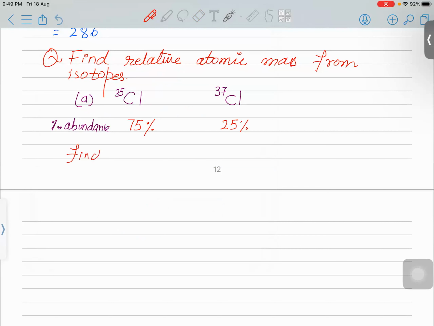Find AR, relative atomic mass of chlorine.